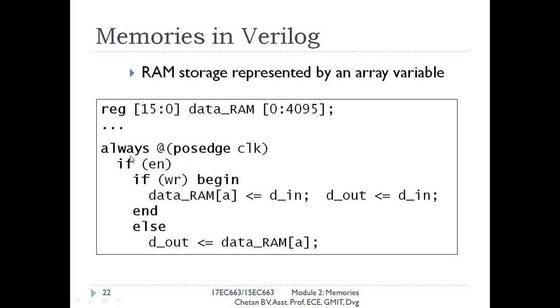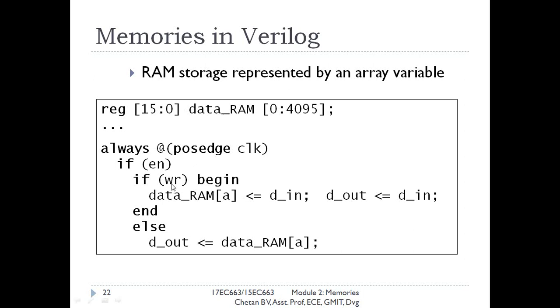So first of all, you have to use always at posedge clock. Why? Because this flow-through SSRAM depends on the clock. So first you have to check whether enable is 1, whether enable is active. If enable is active, then you have to check for WR. What is WR? This is a control signal which determines whether to perform a write or read operation.